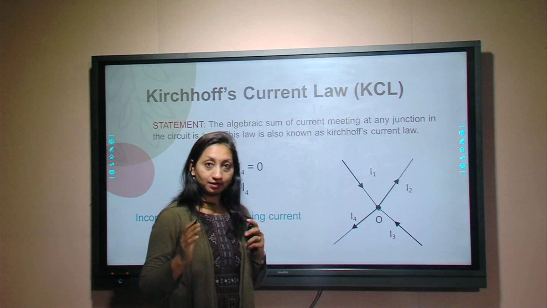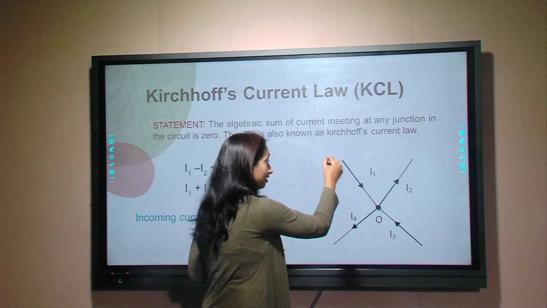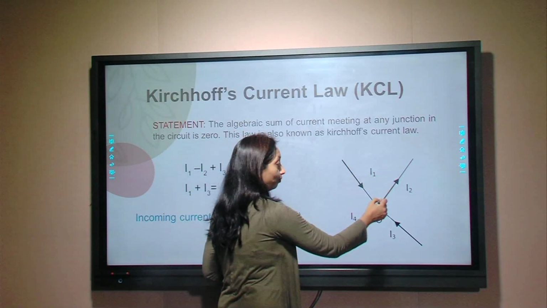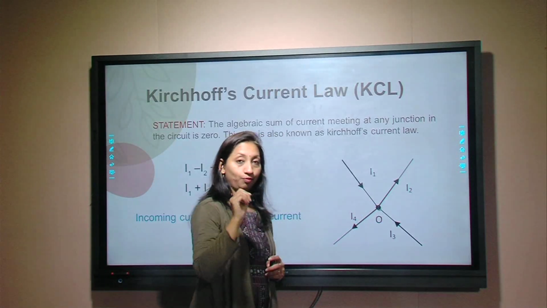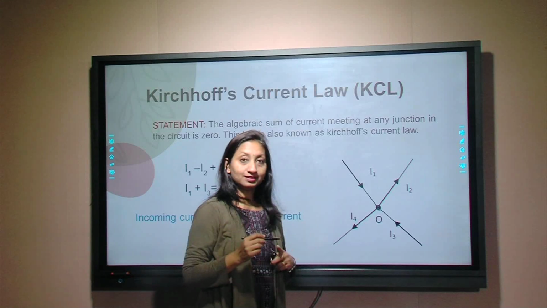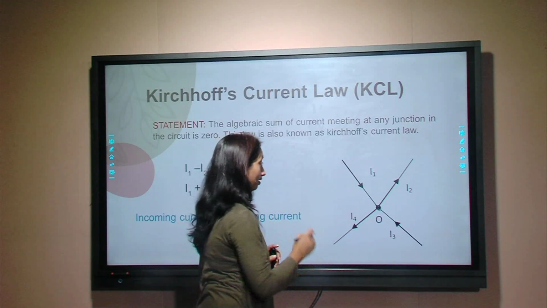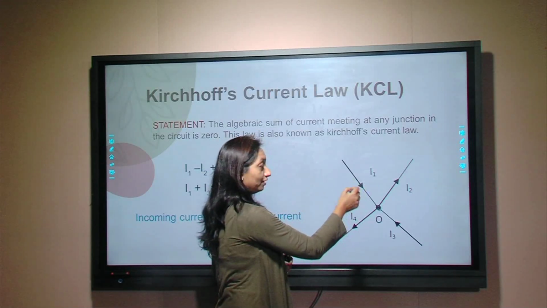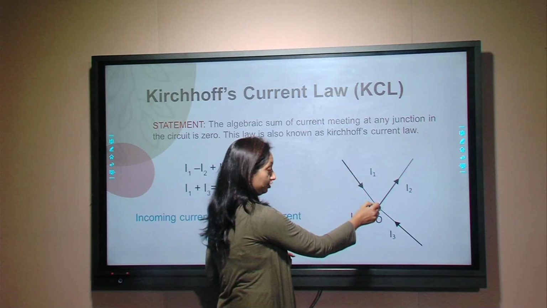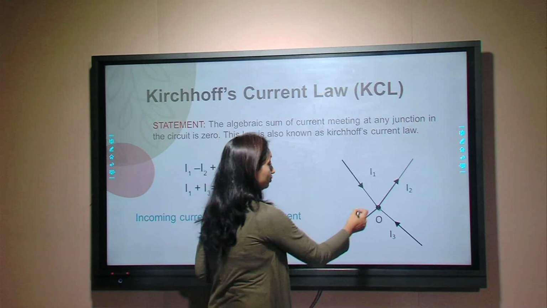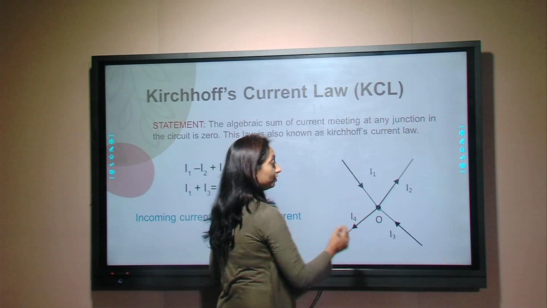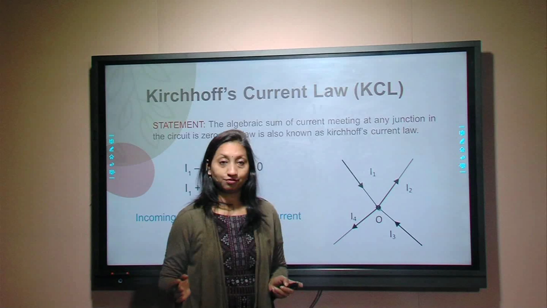O is the point where the four conductors meet. The current entering the point O is considered positive, and the current leaving the point O is considered negative.